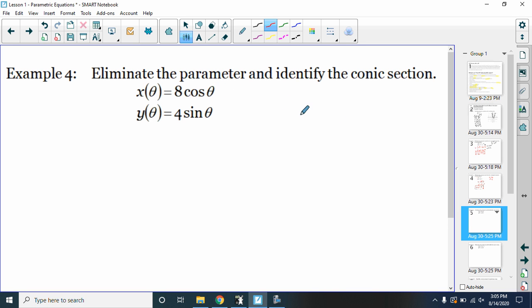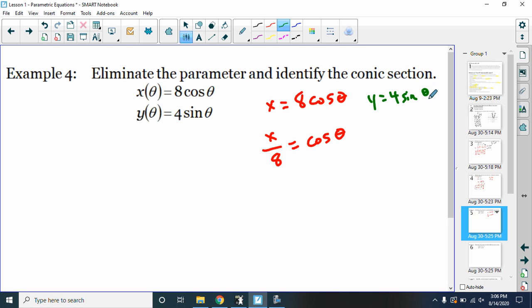Instead, we've got x equals 8 cosine theta, so divide both sides by 8. And we also have y equals 4 sine theta. Let's get sine by itself, divide both sides by 4. And then we want to use the trig identity cosine squared theta plus sine squared theta is equal to 1.